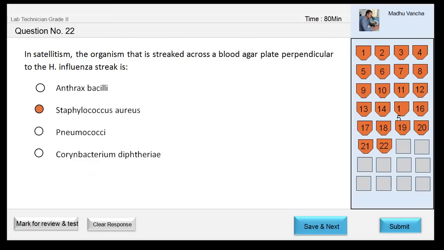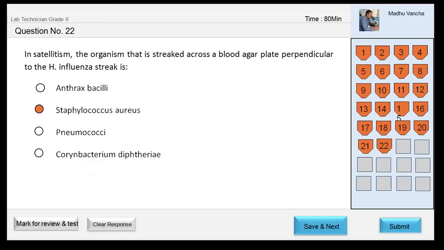So when we grow Haemophilus influenzae in blood agar media, Haemophilus influenzae requires the 10th factor as well as the 5th factor, which are present in the blood. But the 5th factor is not freely available. To make it available freely, in the center of the blood agar plate we inoculate Staphylococcus aureus, and after that we inoculate Haemophilus influenzae.